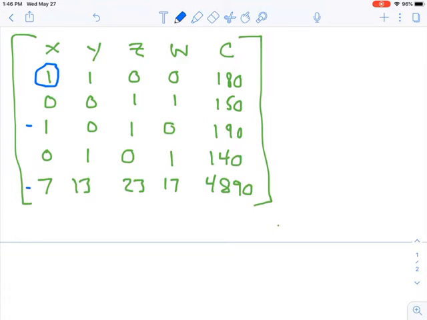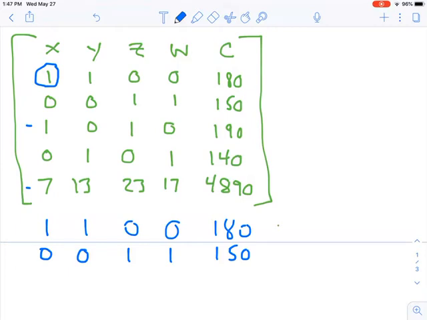I'm not going to change row 1. And let's do this in blue. So row 1 is going to stay 1, 1, 0, 0, 180. Row 2 has a 0 in it already, so let's just keep that: 0, 0, 1, 1, 150.